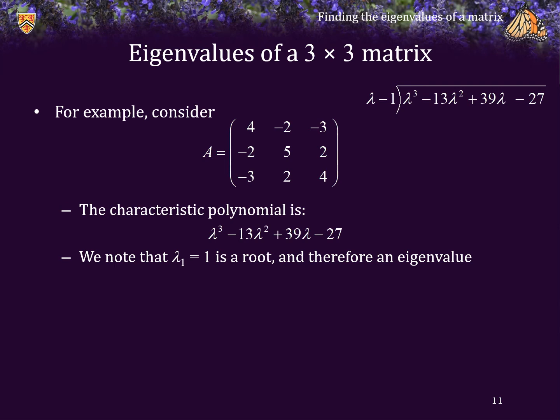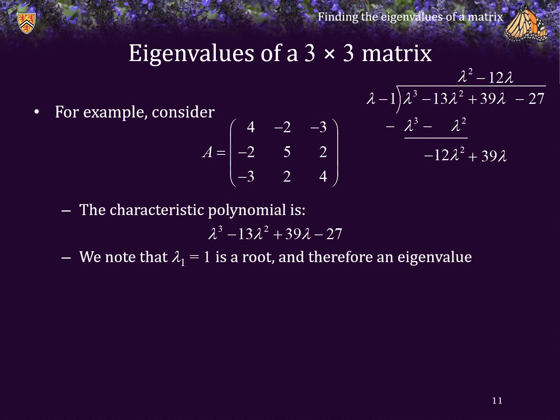So to do this, we observe that to get rid of the lambda cubed, we must multiply lambda minus 1 by lambda squared. All right, so we multiply it out and we subtract that off. Negative 13 lambda squared minus negative lambda squared is negative 12 lambda squared. Bring down the plus 39 lambda. To get rid of the negative 12 lambda squared, we must subtract negative 12 times lambda minus 1.